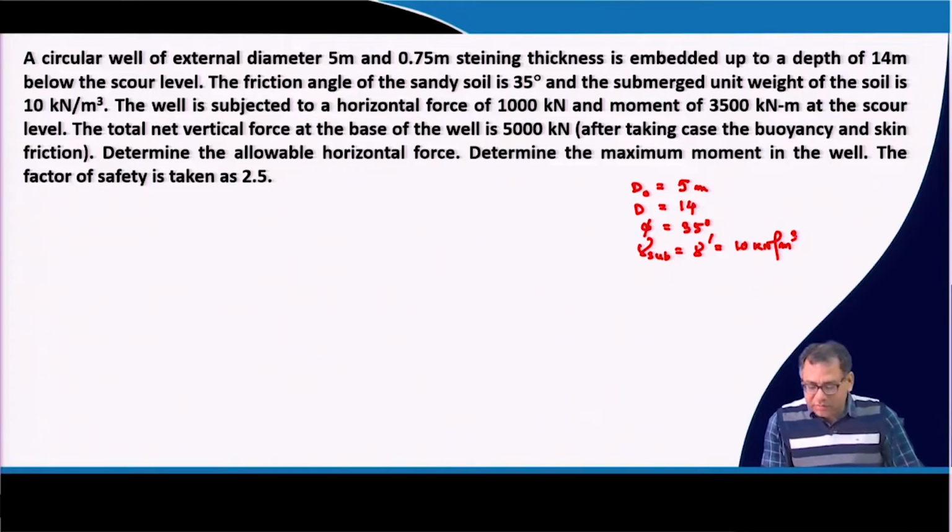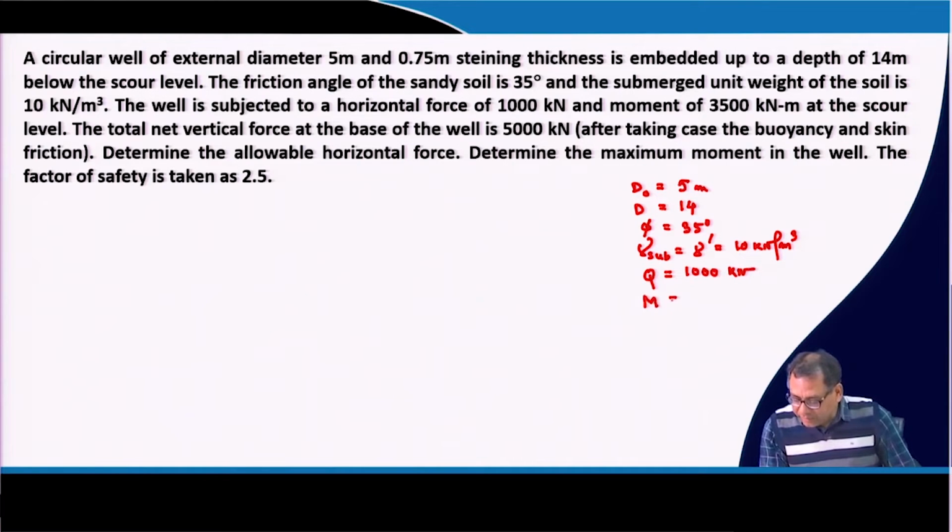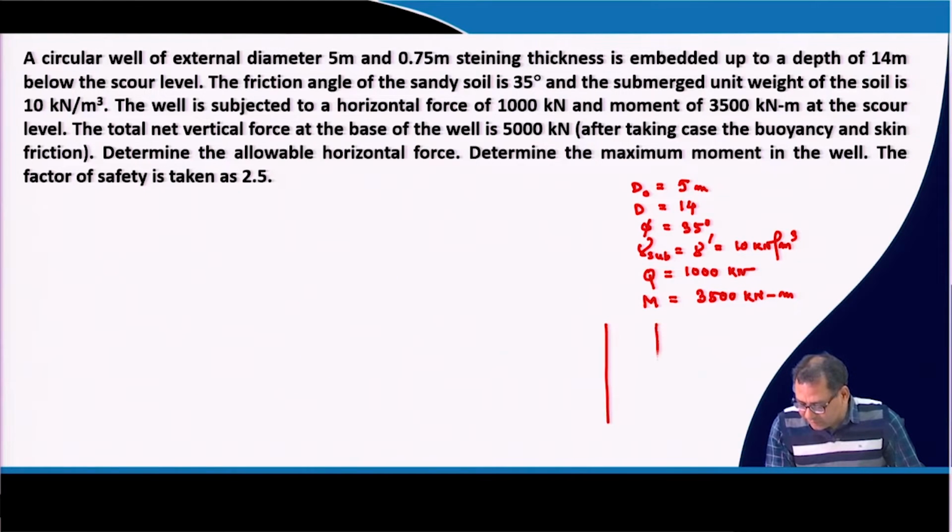The well is subjected to a horizontal force Q of 1000 kilonewton and a moment of 3500 kilonewton meter at the scour level. So, both are applied at the scour level. Suppose this is the well, this is the HFL, this is the scour level and this is the grip length or depth d, which is 14 meter.